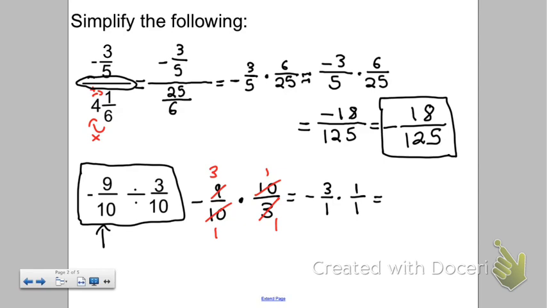Since I put the negative with the numerator in the previous one, this time I'm going to put the negative with the denominator. Could go with either one. Times 1 over 1. Now I can multiply across. 3 times 1 is 3. Negative 1 times 1 is negative 1. 3 divided by negative 1 is equal to negative 3.